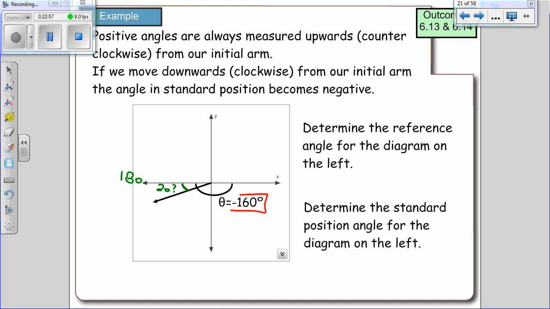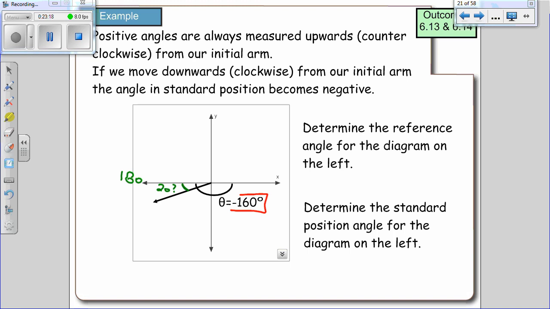Does that make sense that it's 20? When it gets into negatives, it gets trippy. That's why understanding about the 180s, the 90s up here, the 270s down here, that's for positive.